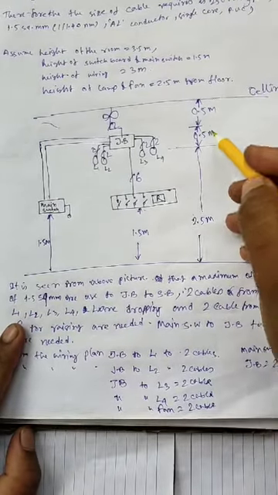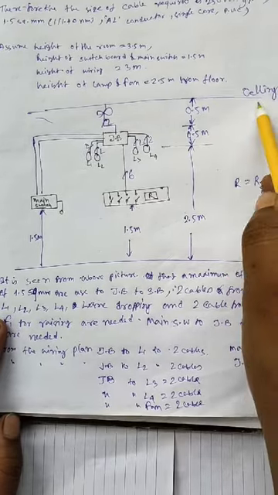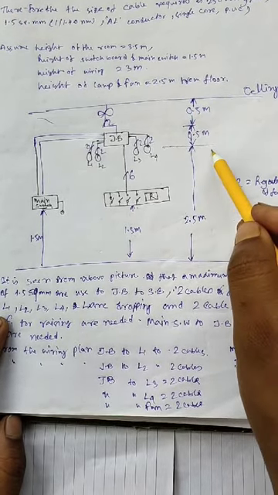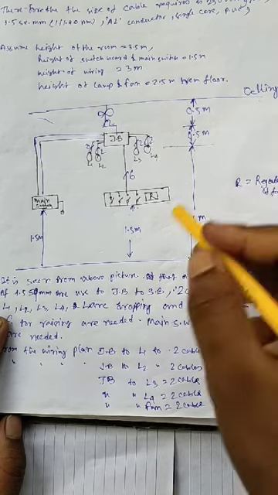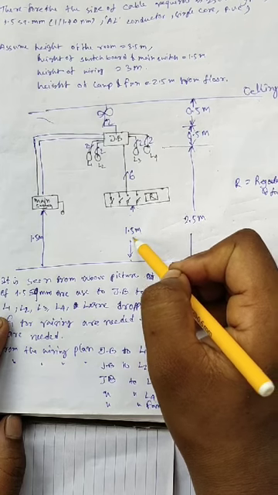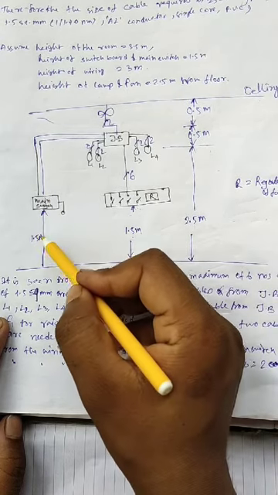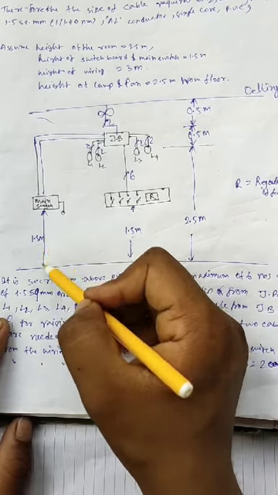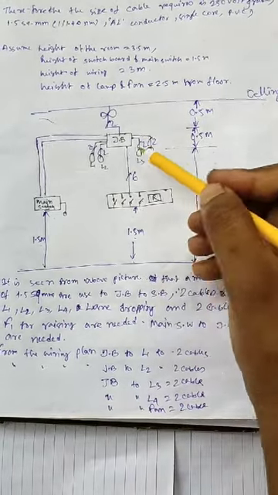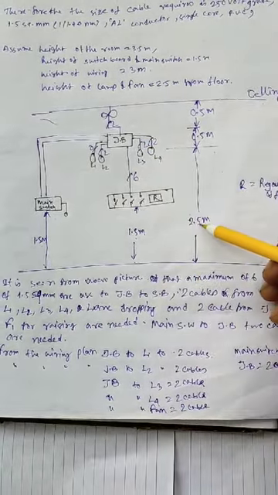Suppose this is the ceiling and its height is how much? Take 3.5 meter. Okay, and from the floor to switchboard height is 1.5 meter, and floor to main switch is 1.5 meter, and the junction box height is 2.5 meter.